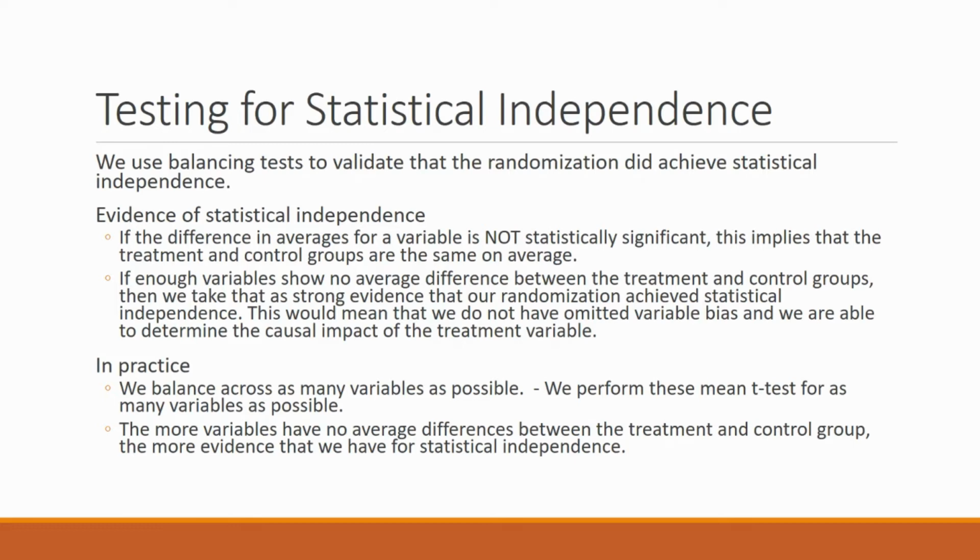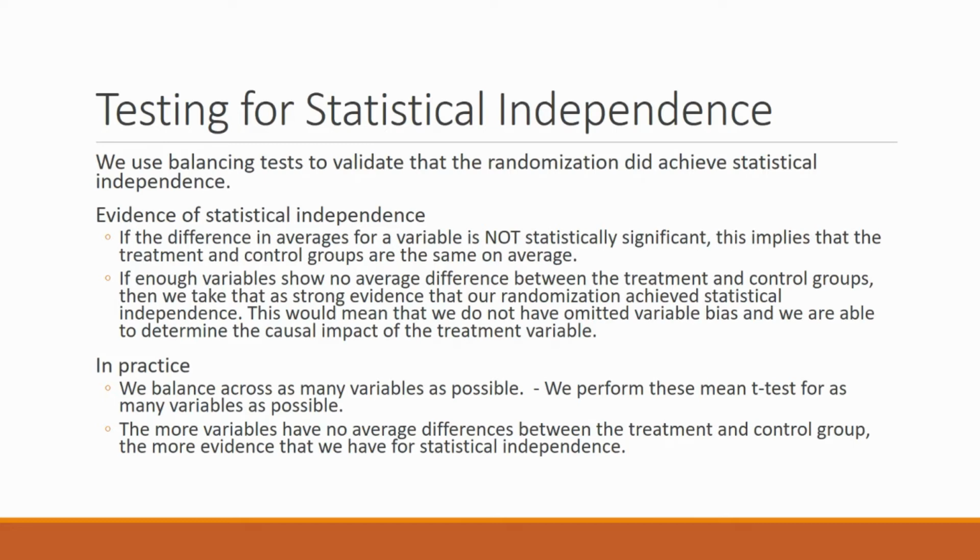Okay, now in practice, we balance across as many variables as possible. We perform the mean t-test for as many variables as possible, as many variables as are appropriate, and I'll explain that more later. The more variables have no average differences between the treatment group and the control group, the more evidence that we have for statistical independence.